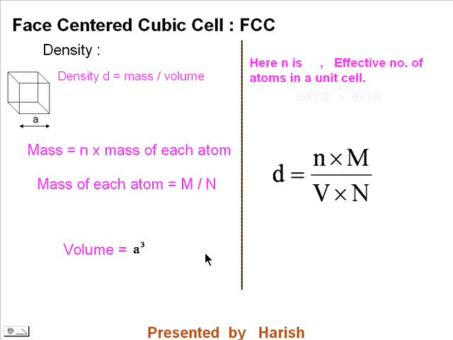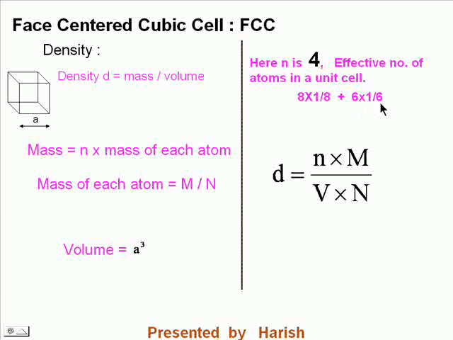So what is n, small n, here? We have seen that the effective number of atoms is 8 into 1 by 8 and 6 at the centers of the faces. Sorry, I have a problem here. This is 6 into 1 by 2, not 1 by 6.